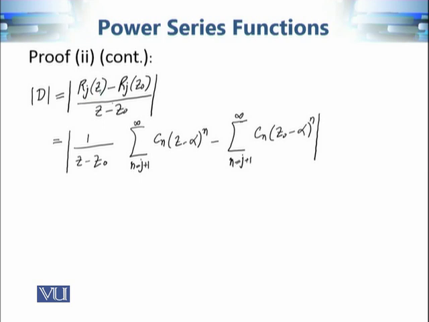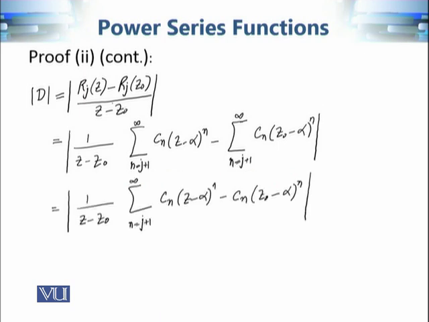So this is equal to r_j(z) minus r_j(z0) over z minus z0. Now using the value of r_j(z), we can write down r_j(z) as this, and of course r_j(z0) like this. We are just using the definition of r_j(z). Moving on, we can write down these two summations in one summation. Once again, nothing complicated here.